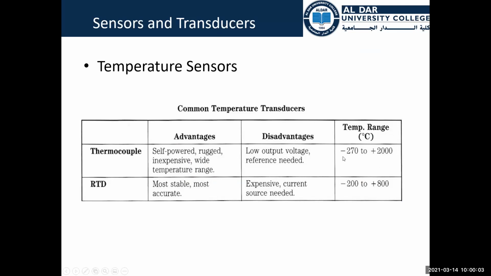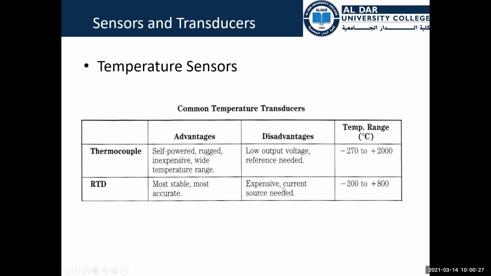And the range is between minus 270 to plus 2000. This range is very high, and this is something good about the thermocouple. But the RTD is stable and accurate compared to the thermocouple. It is the most stable and most accurate, and also inexpensive.